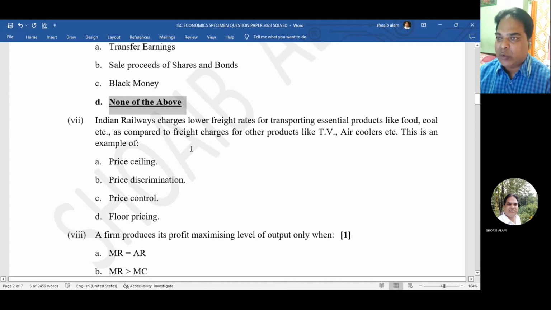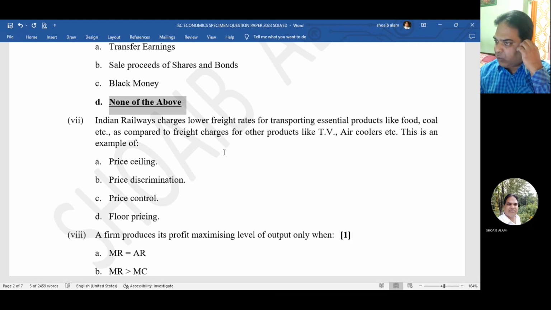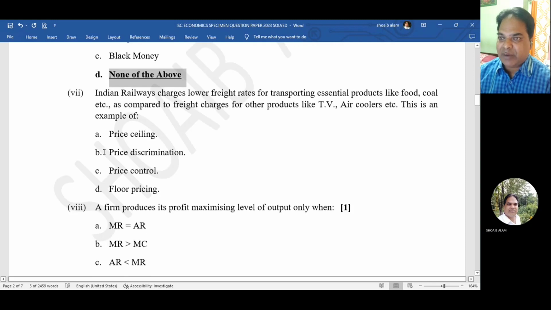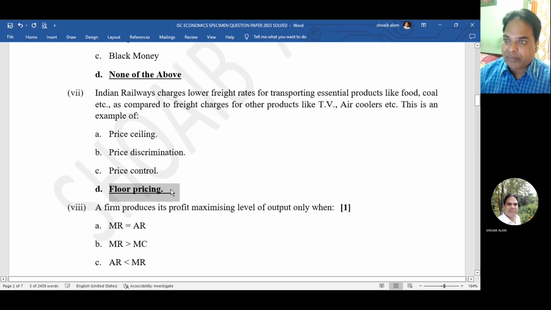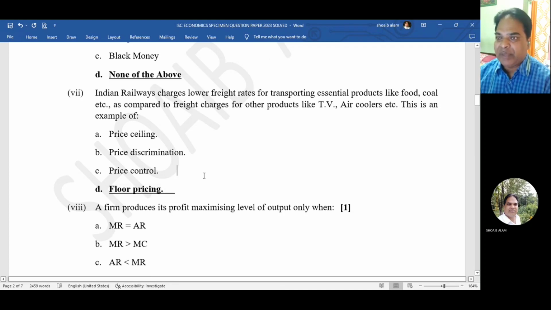Indian Railways charges lower freight rates for transporting essential products like food, coal, etc., as compared to freight charges for other products like TV, air cooler, etc. This is an example of price ceiling, price discrimination, price control, or floor pricing. So D, floor pricing, is the correct one.